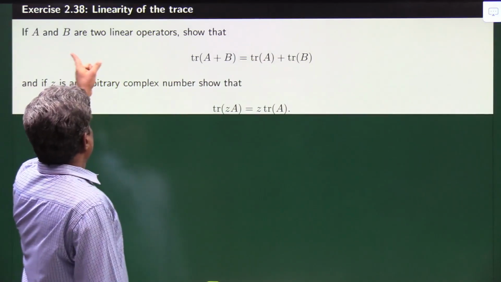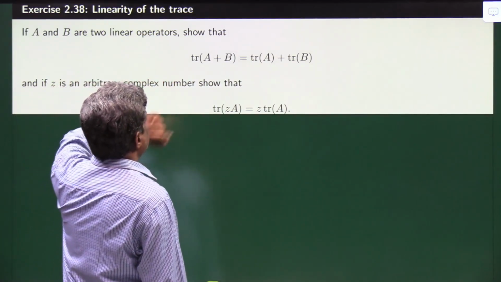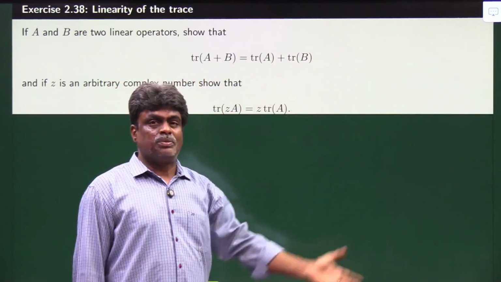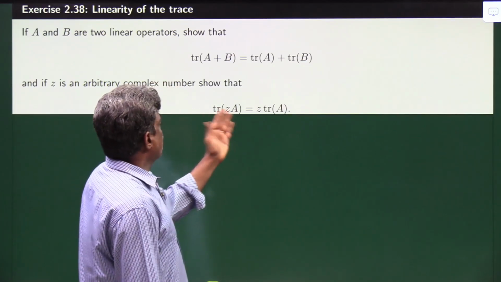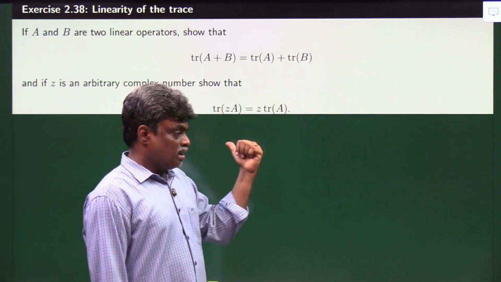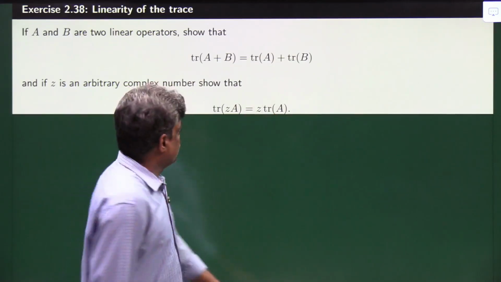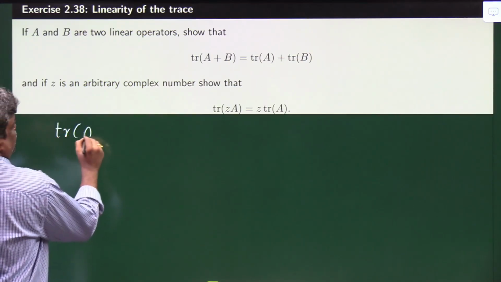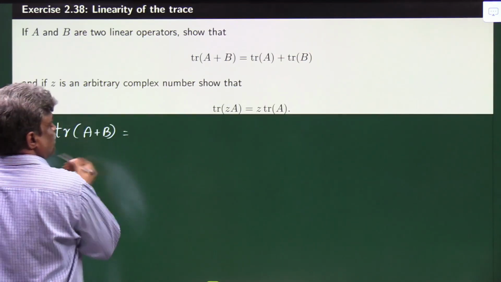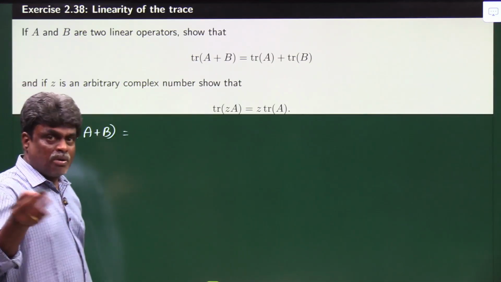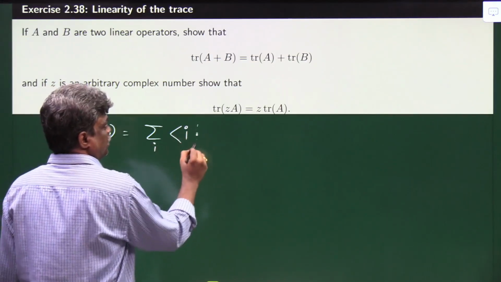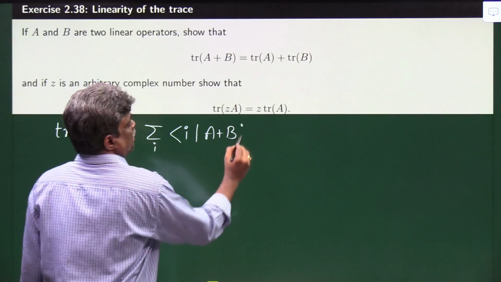And the next one: A and B are two linear operators, and show that trace of A plus B equals the sum of individual traces, and trace of a constant times a matrix equals the constant times the trace of that matrix. Okay, this is also very simple. If I take the trace of A plus B, using the same notation, sum of diagonal elements, summation over i, diagonal element, ith row, A plus B, ith column.